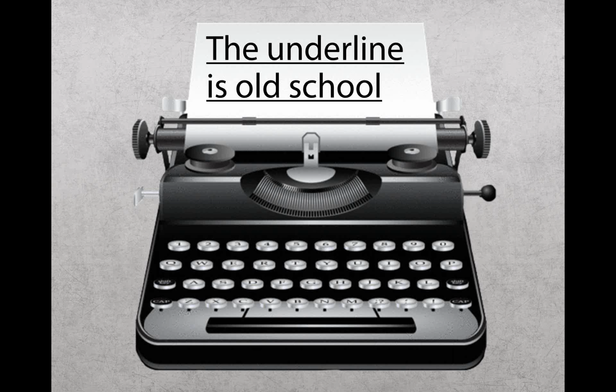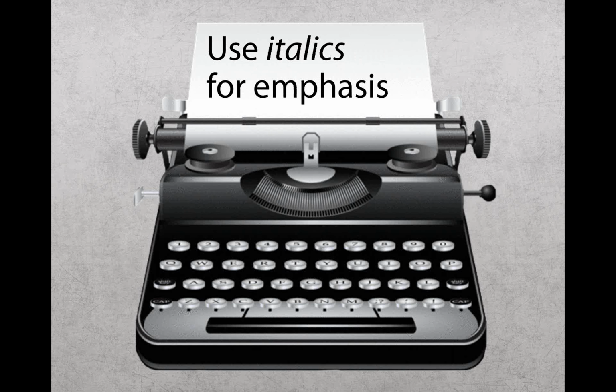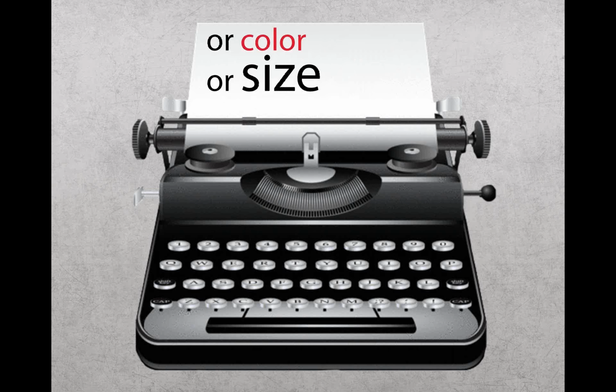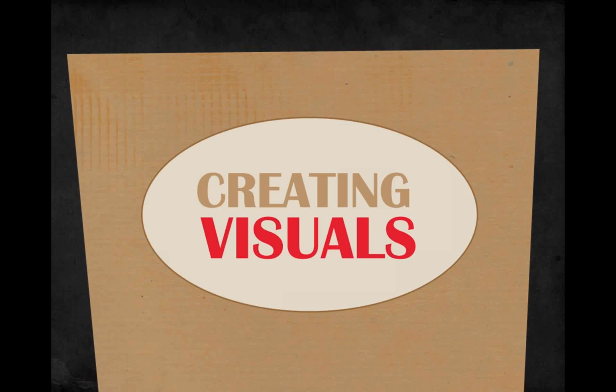That's really amazing. There was no other way to emphasize. And the reason I don't like to use underlines is because I do a lot of e-learning and people are always clicking on them because they think that they're links. So nowadays, really, there are a couple reasons to not use the underline. So you can use italics for emphasis. You can use color or size for emphasis.